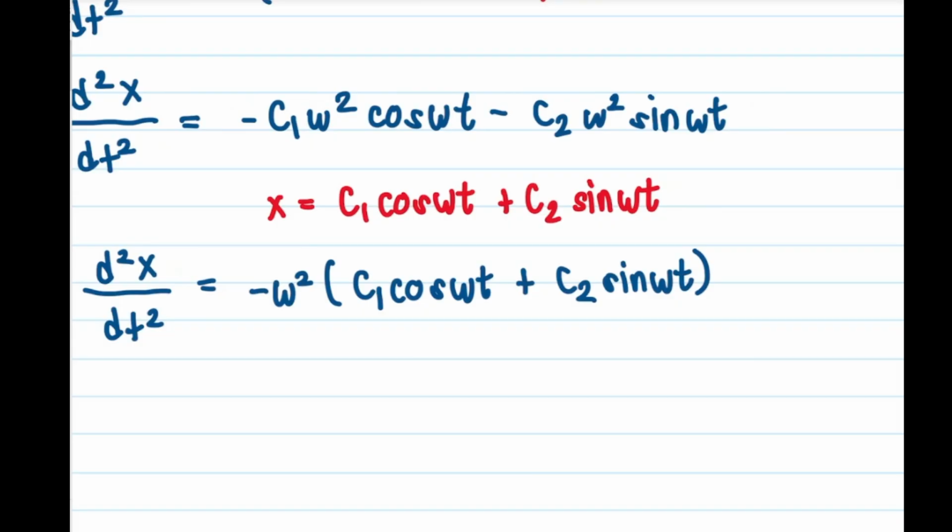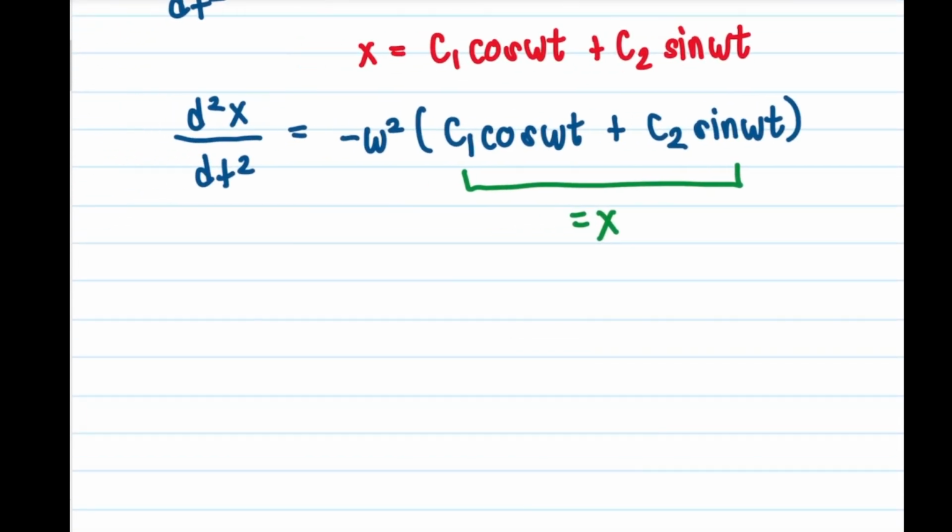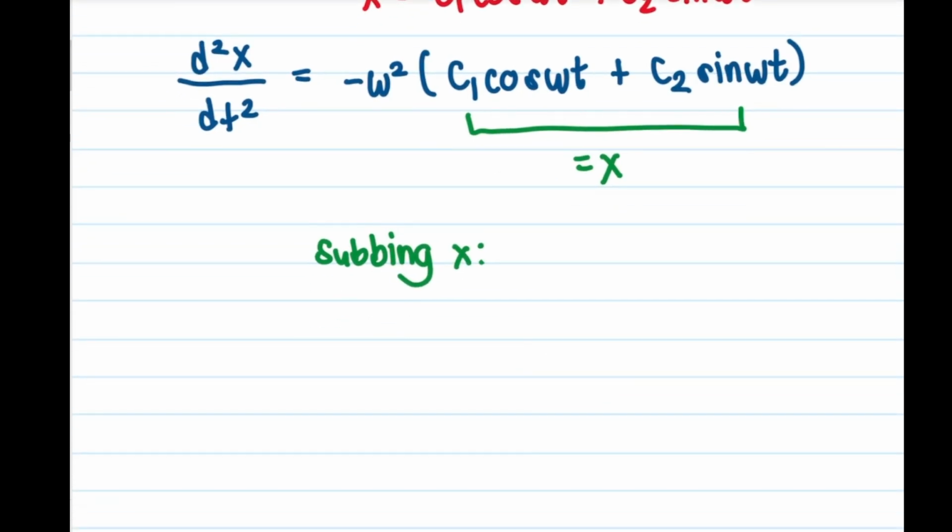This one is equivalent to x. So substituting x, that will yield this answer: d squared x over dt squared is equivalent to negative w squared x.